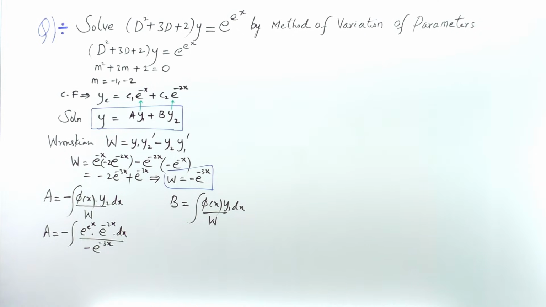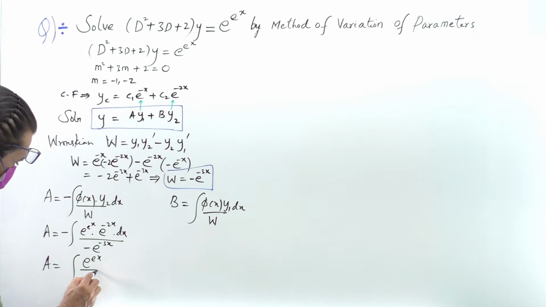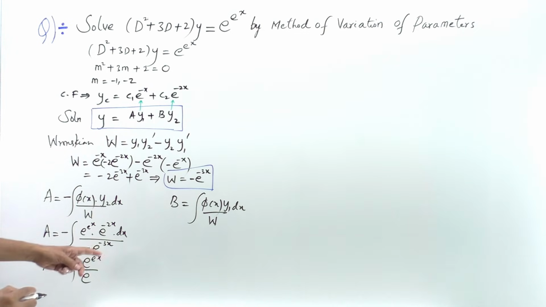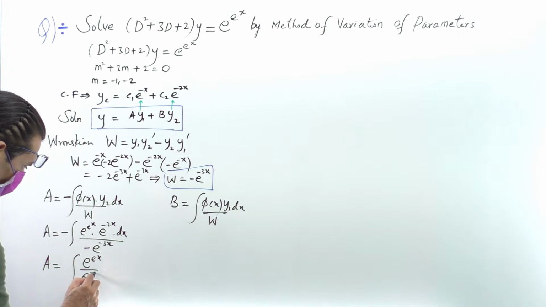Okay, so we have this now. Now, what we'll do, we'll simplify this. See, we can write here a equals minus integration of, see, minus minus become plus. There is minus here and minus in the numerator, denominator, it will be minus by minus, or minus becomes plus. Now again this will be e raised to minus 3x plus, it will become e raised to x over e raised to minus x.